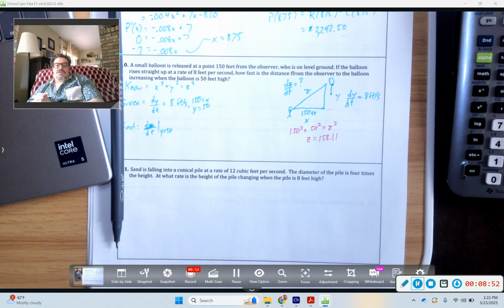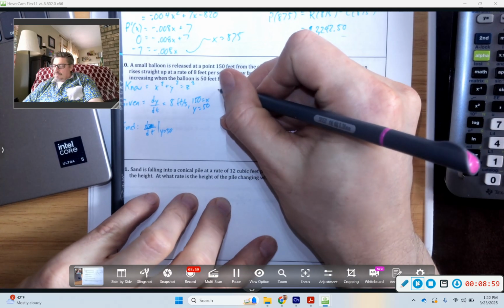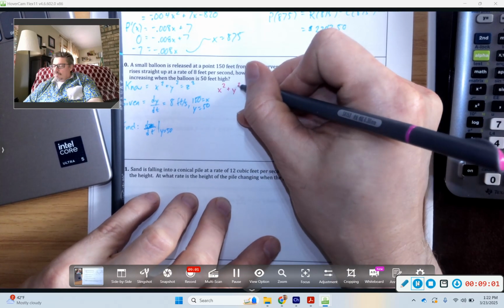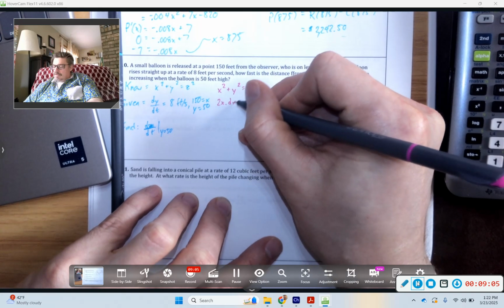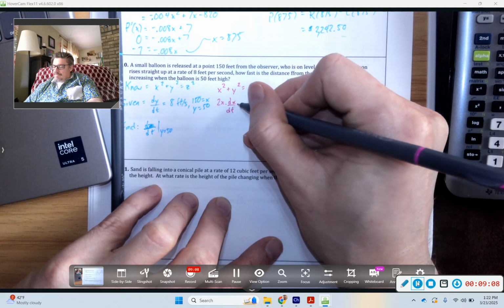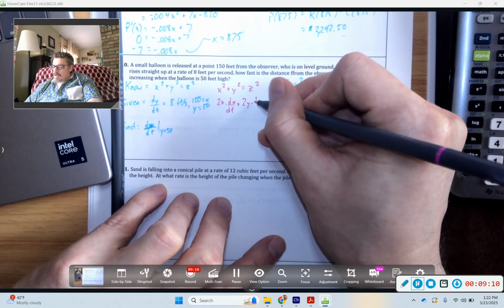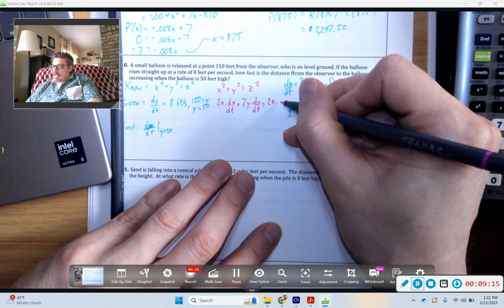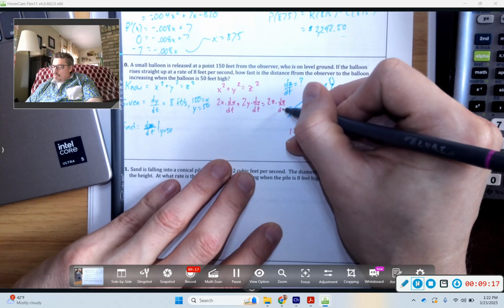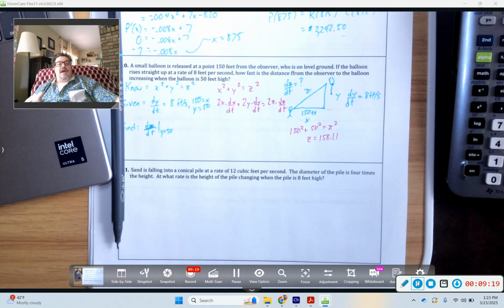So that's z. Now we are looking for dz/dt, so let's take that derivative. x squared plus y squared equals z squared, and we've done this before. You can look it up in your notes. This guy's kind of a freebie. Remember that with every variable, a d-something/dt is going to pop out because of implicit differentiation.